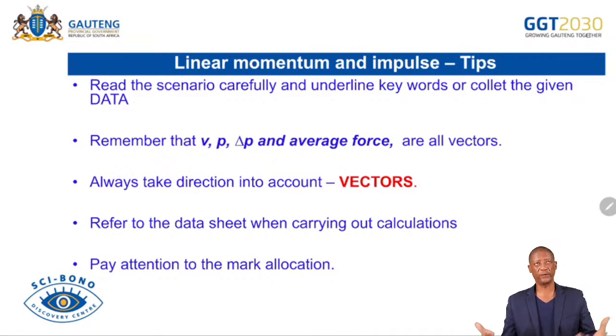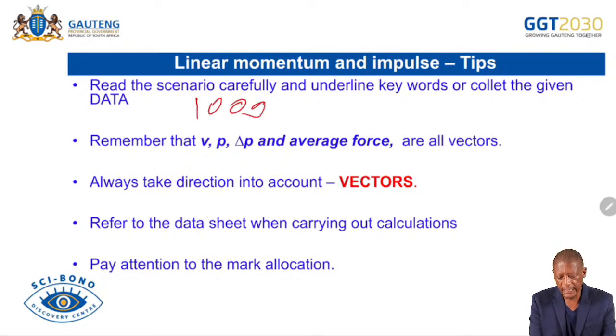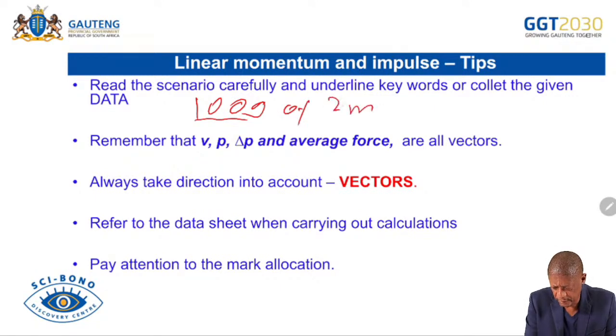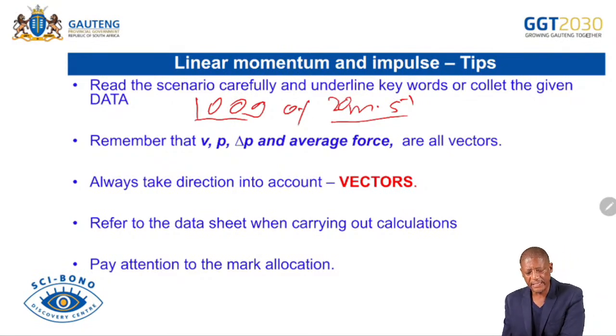Now, if you are given, for an example, a car of a mass of 100 gram, underline that 100 gram, 100 g. Underline as you read along. Is traveling at a velocity of, let us say, 20 meters per second. Underline the 20 meters per second.